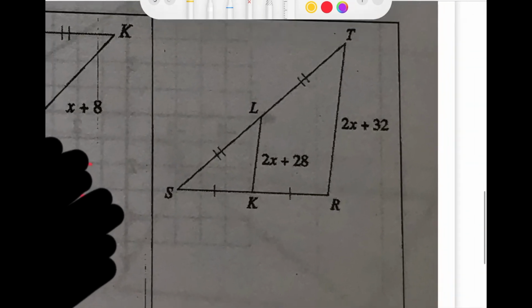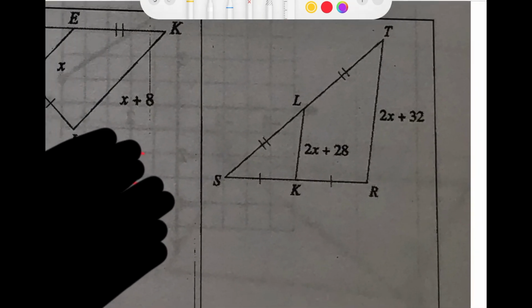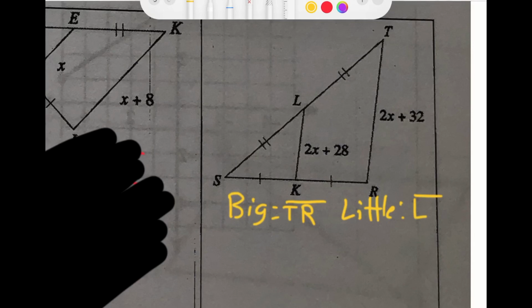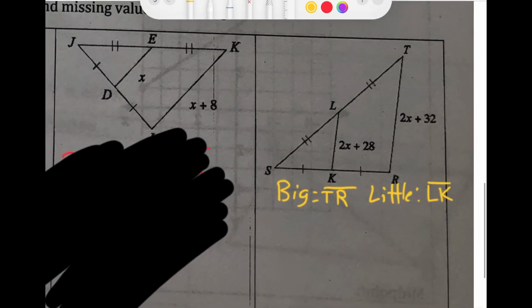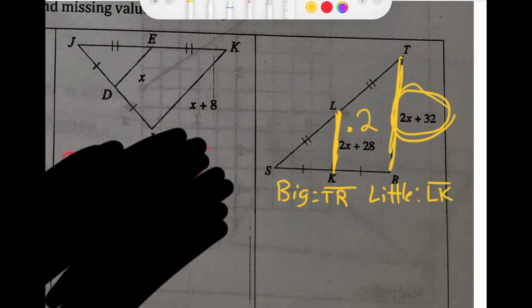For the last one, our big line is TR. Our little is LK. So in this case, you can take your smallest line, or your inside line, multiply it by 2, and you will get your big line.